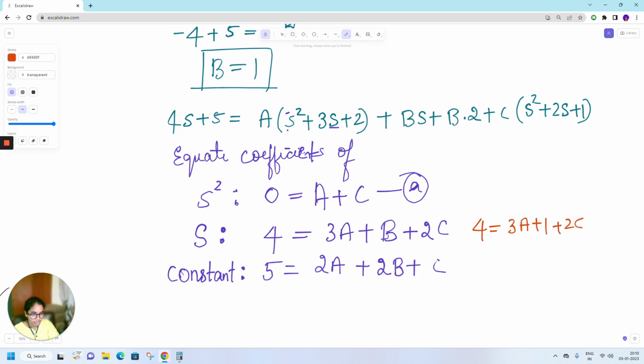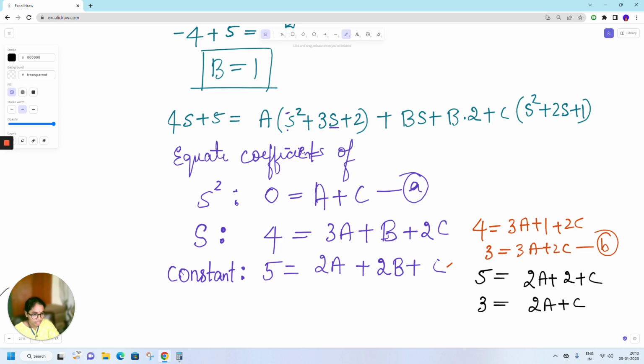If 1 comes to this side, it will become 3 is equal to 3a plus 2c. Let me take this as equation B. Even in the constant equation, I will substitute the value of b. I would get 5 is equal to 2a plus 2 plus c. If I send 2 to the other side, that would become 3 is equal to 2a plus c. This is our equation C.